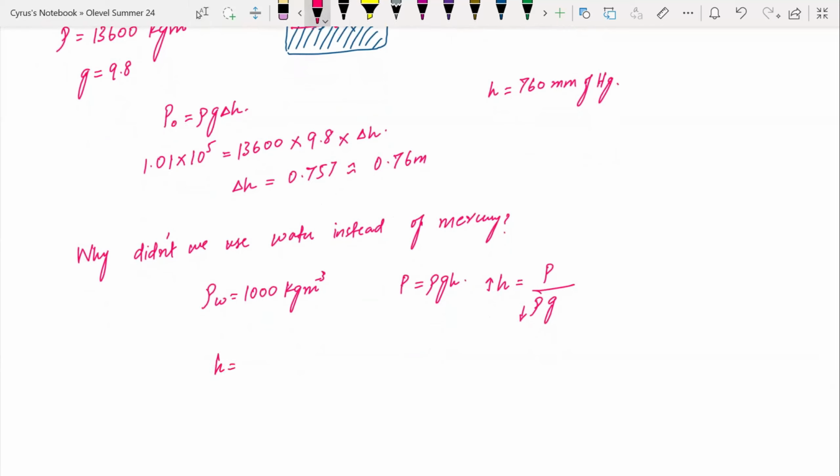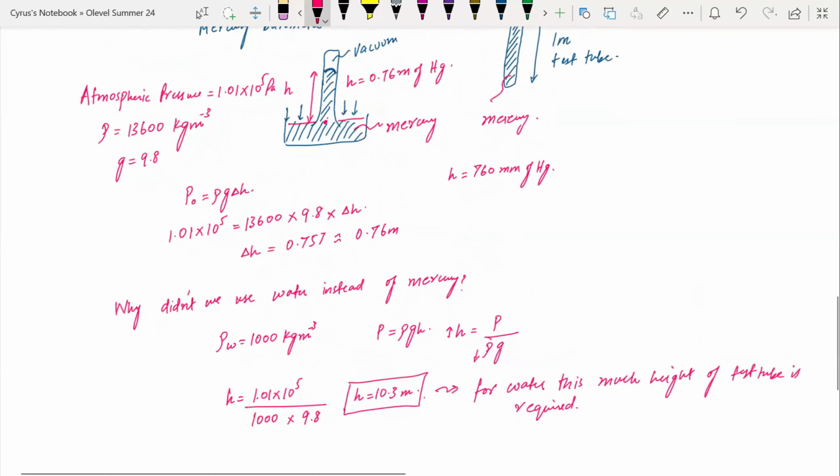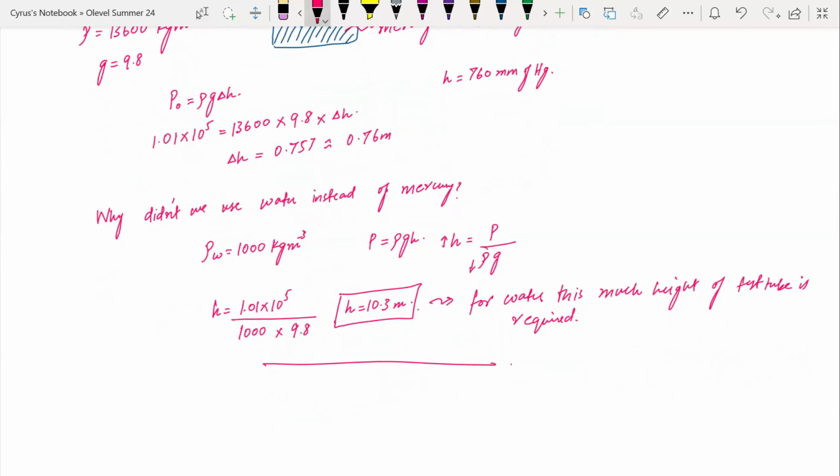H is equal to pressure is 1.01 times 10 raised to power 5. Rho is 1000. G is 9.8. And once you put in the value, you get the height as 10.3 meter. This is huge.